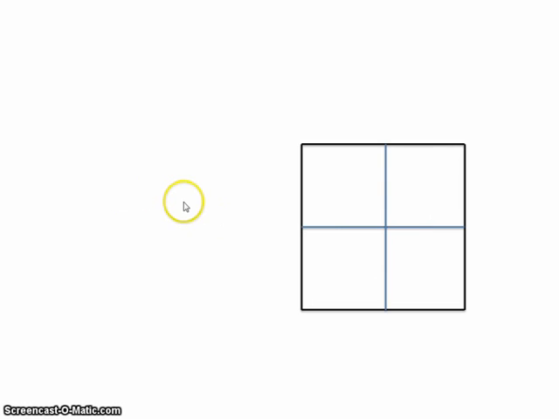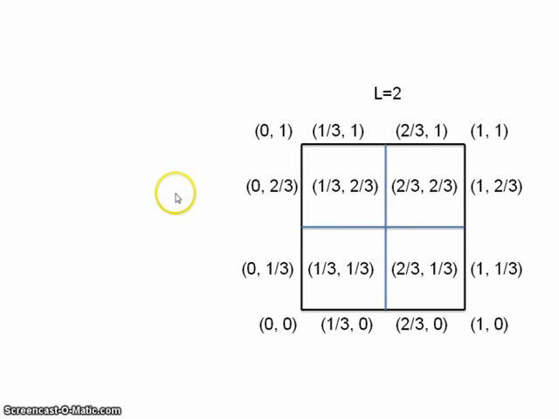So here's the case for 2 lies and 4 valued logic. And it should be fairly obvious how this method can be extended into any number of lies, any number valued logic. So you can see that this is 4 valued logic. We have 0, a third, 2/3, and 1, so that's 4 values. And this represents all of the values that we would assign to this square.